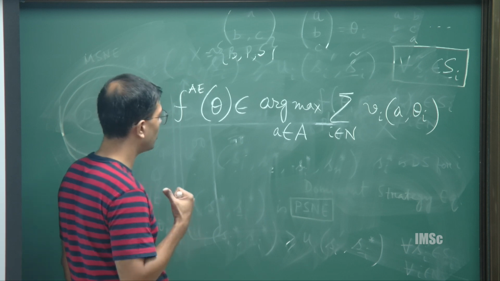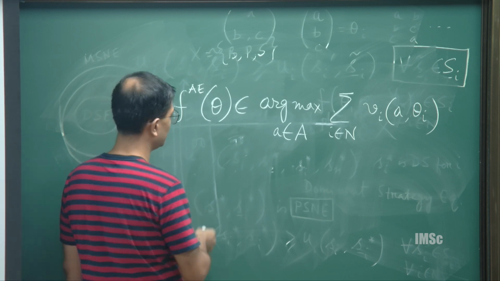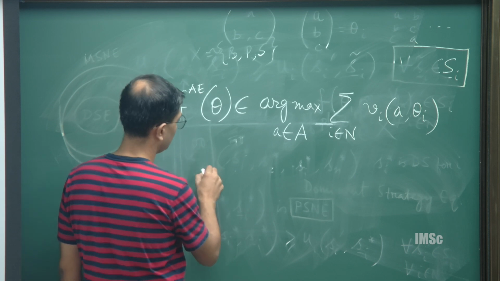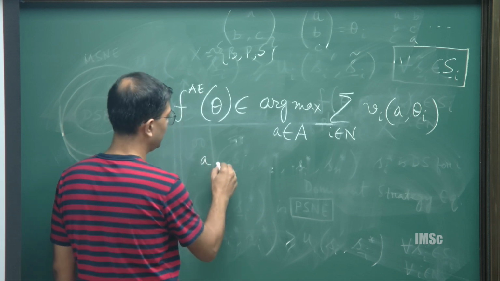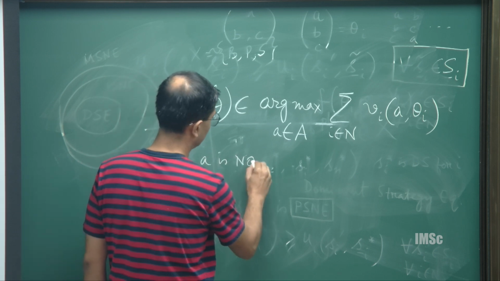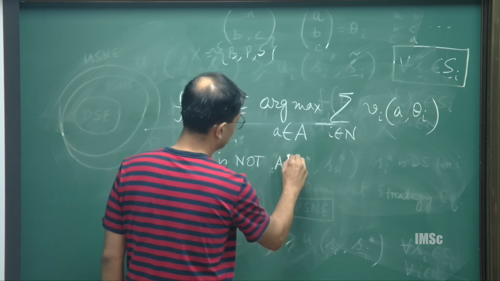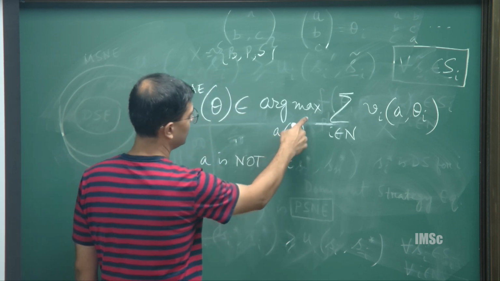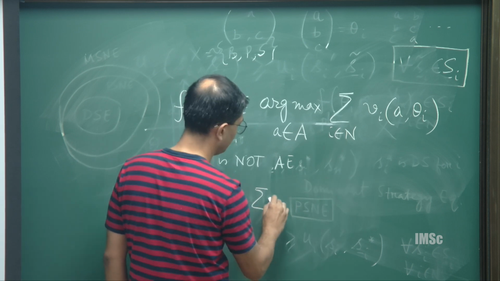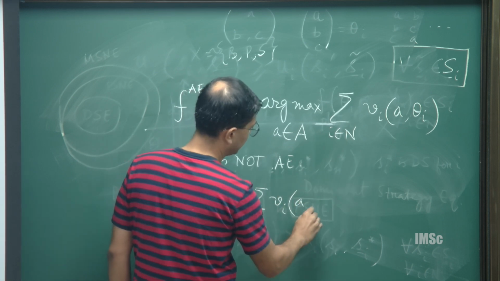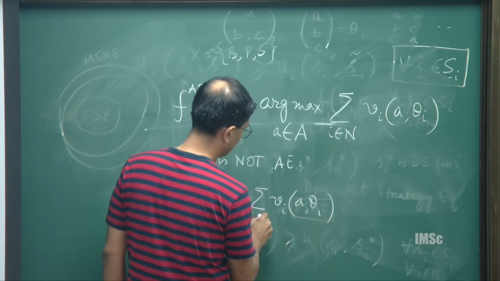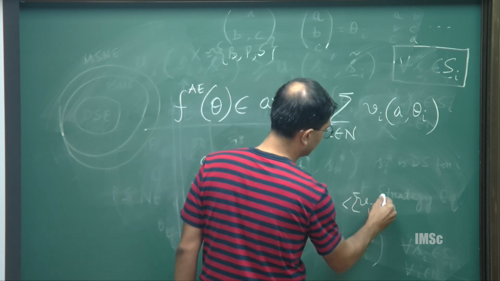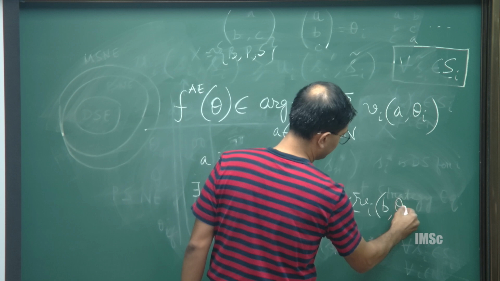So, this is your allocatively efficient one. So, if it is not allocatively efficient, that means there exists some a that is not allocatively efficient, which means there exists some b which can actually beat this. So, the sum of the valuations that you get under this a will be strictly less than the sum of the valuations that you get under b. Okay.